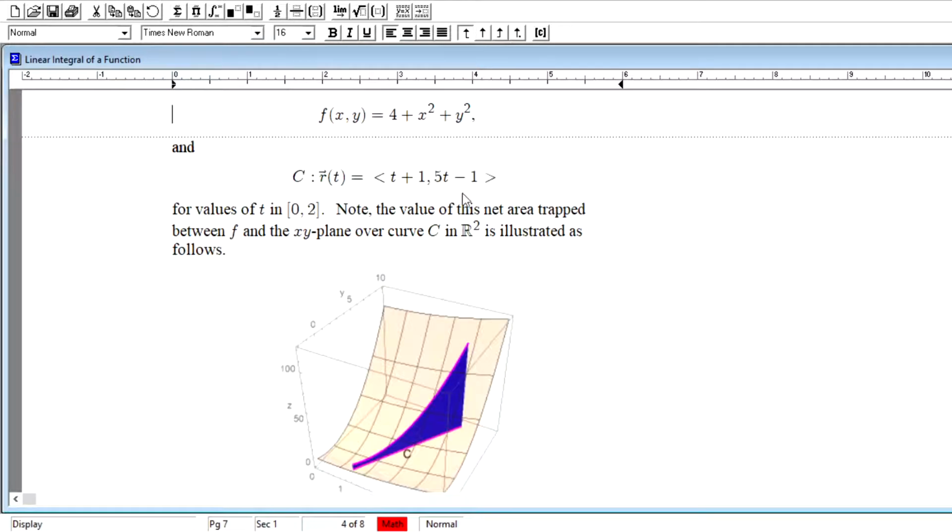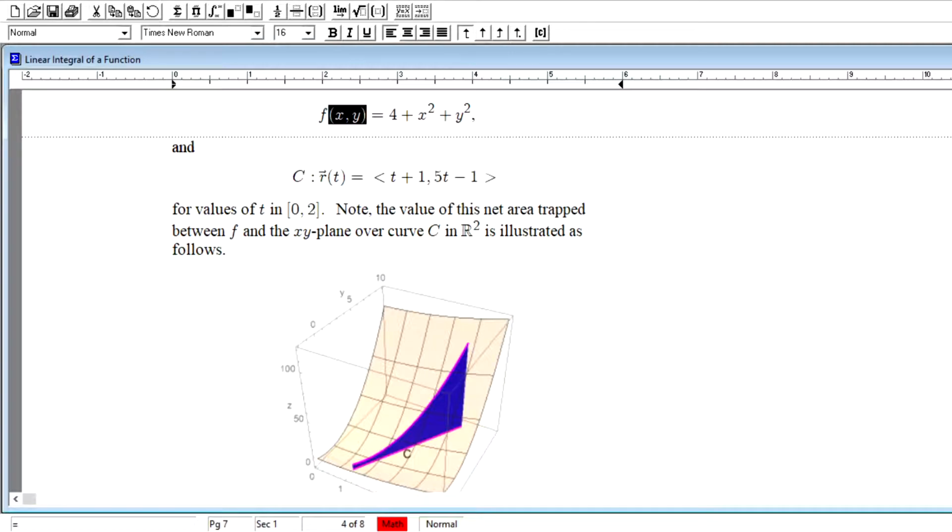Let's first point out function f. This circular paraboloid is what we're looking at this portion of as this surface, this orangey yellowish tinged surface here in three-dimensional space with the mesh lines, highlighting our surface f.